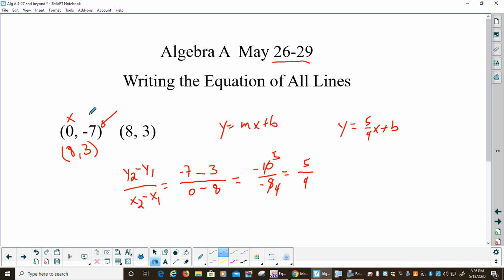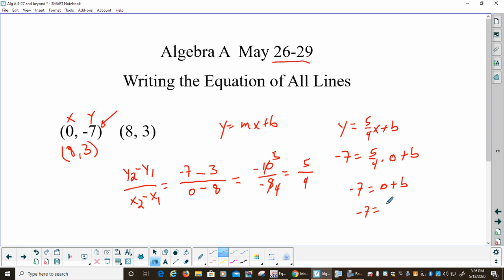This is your x, this is your y. Y is negative 7 is equal to 5/4 times 0 plus b. Remember, anything times 0 is 0. So it's negative 7 is equal to 0 plus b. There's nothing to move over.